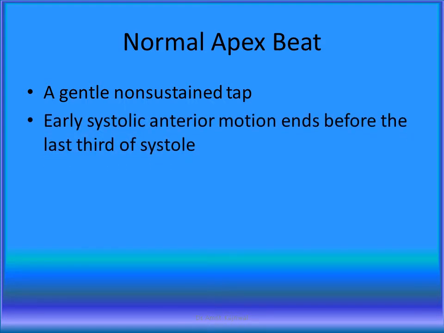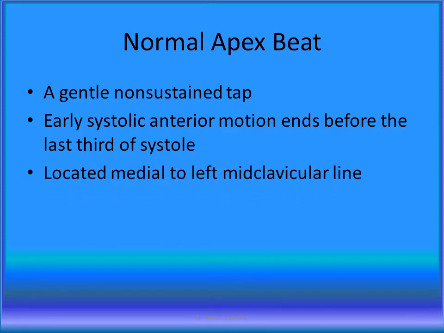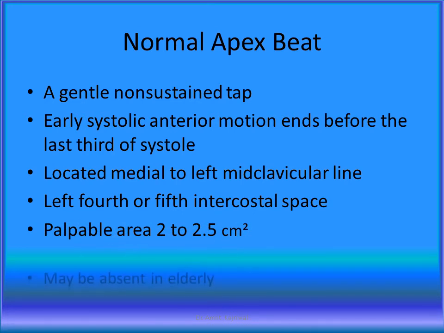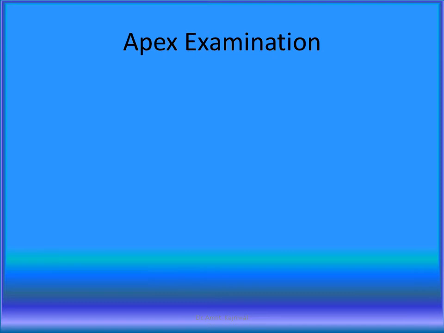This early systolic anterior motion ends before the last third of the systole and is located medial to the left midclavicular line normally, located in the 4th or 5th intercostal space. Palpable area is 2 to 2.5 centimeters square. In people more than 50 years of age, it may be absent in the elderly.